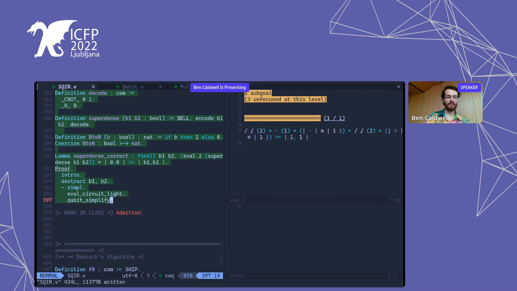So any ideas for what we might want to do next? We have this qubit simplify, which has gotten us most of the way there, but now we have run into some square roots, which often cause trouble, unfortunately.